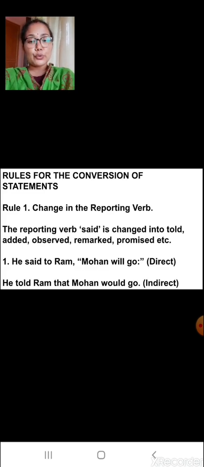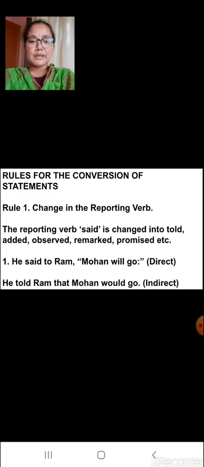Now the rules for the conversion of statements. Now let us see rule number 1. Change in the reporting verb. The reporting verb said is changed into told, added, observed, remarked, promised, etc. For example, as you can see here, the first one: He said to Ram, "Mohan will go."